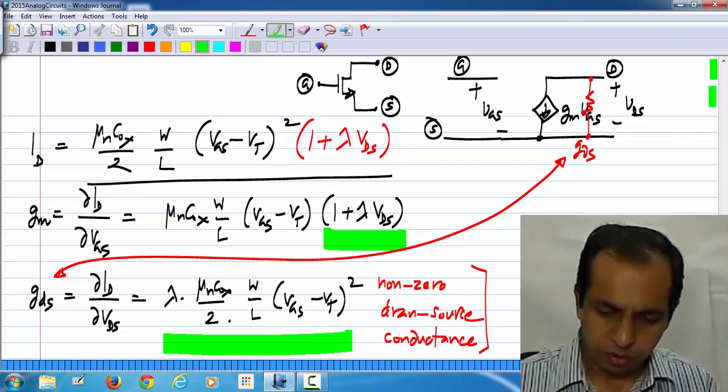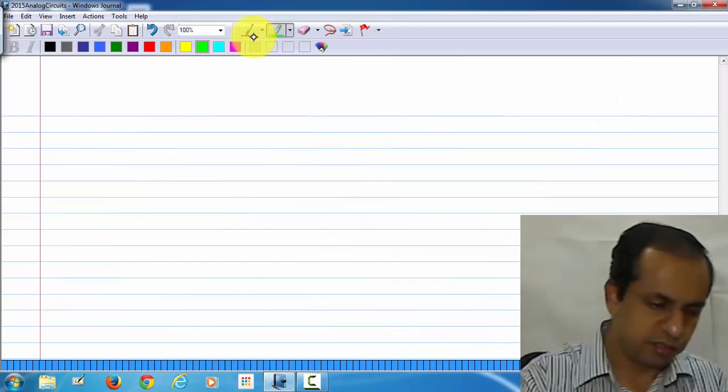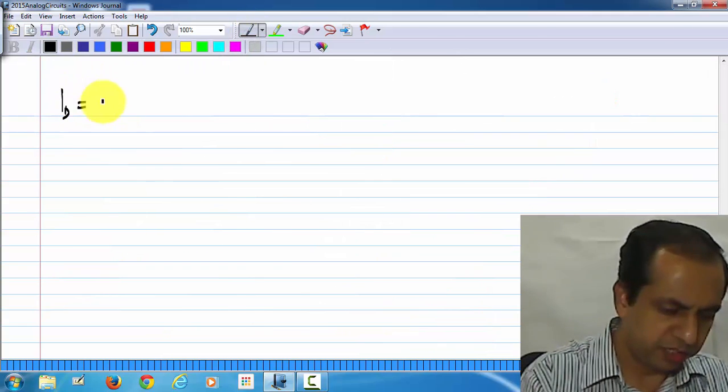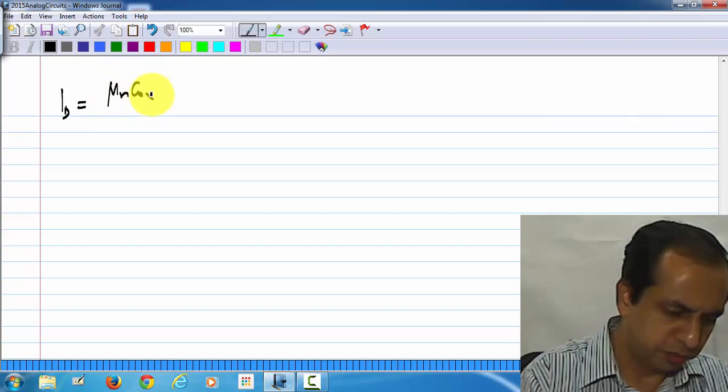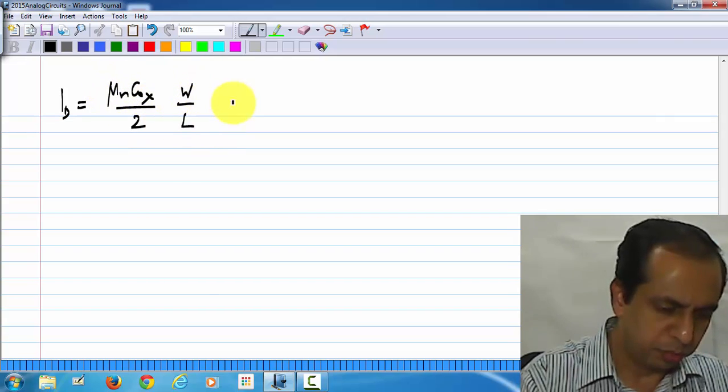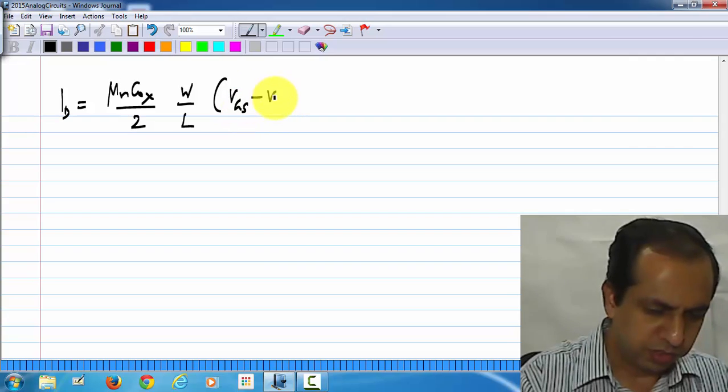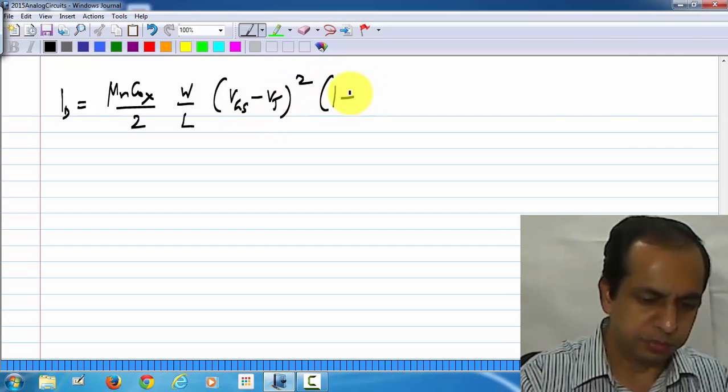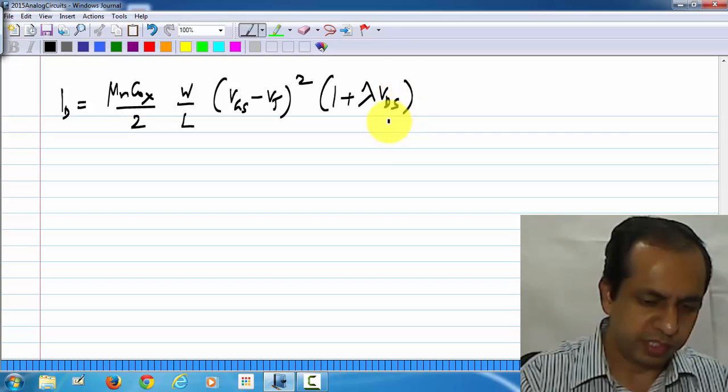So, what do we do in practice? The expression for the current in saturation is mu n Cox by 2 W by L times VGS minus VT squared times 1 plus lambda VDS.